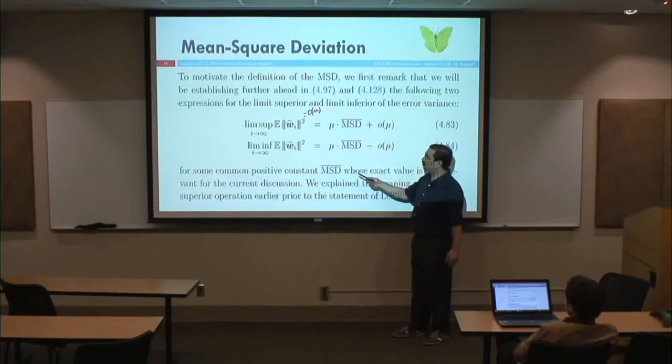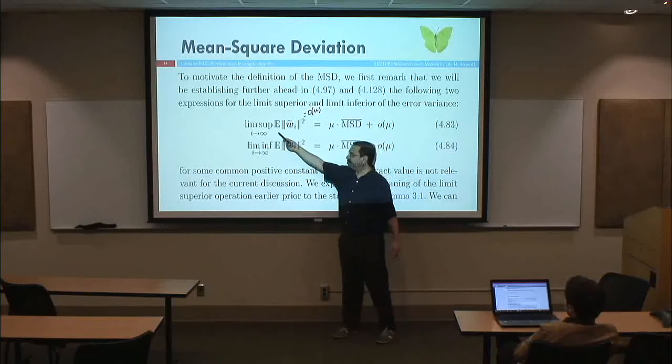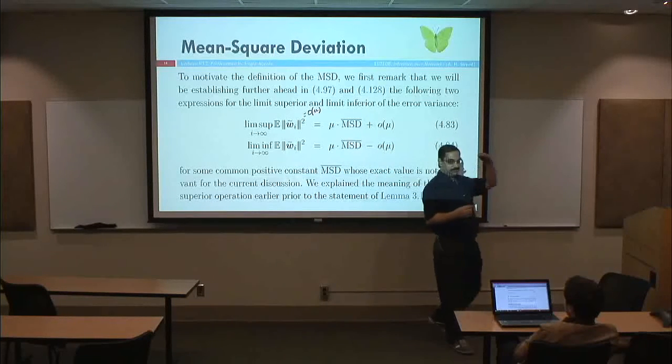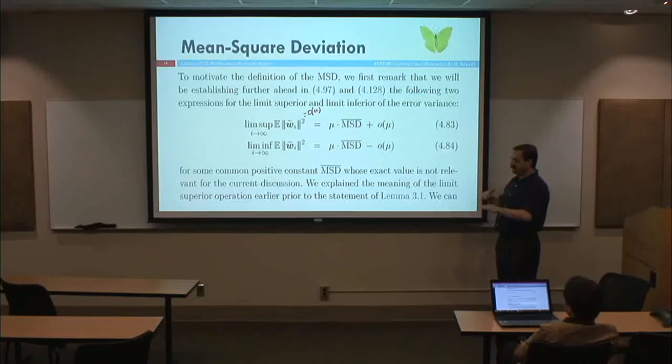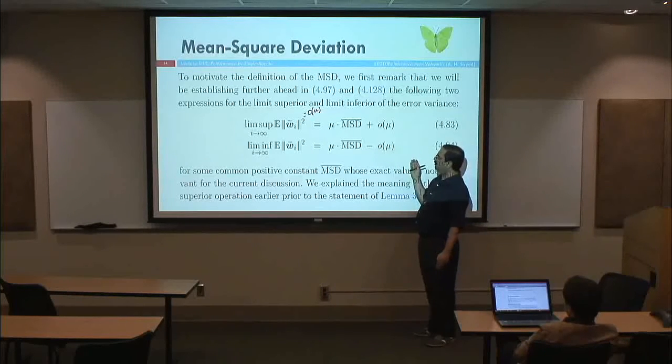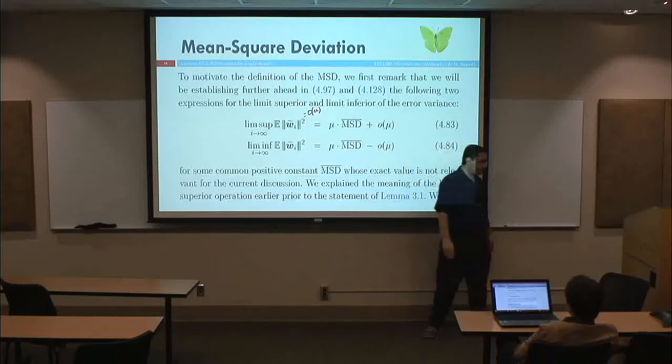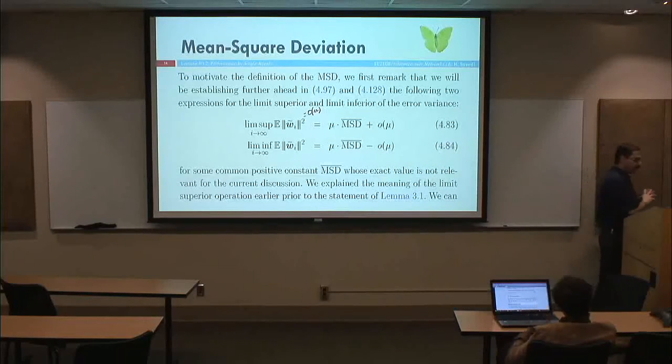And I will also show that the lim inf, remember the lim sup, right, is the lowest bound from above to the limit, and the lim inf is the highest bound from below. I'm going to show that a similar expression holds for lim inf, right, with a minus sign.